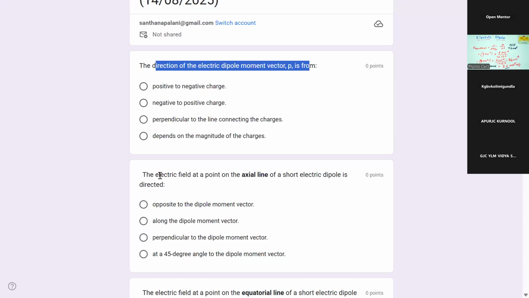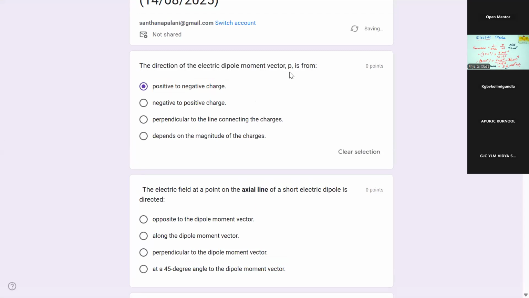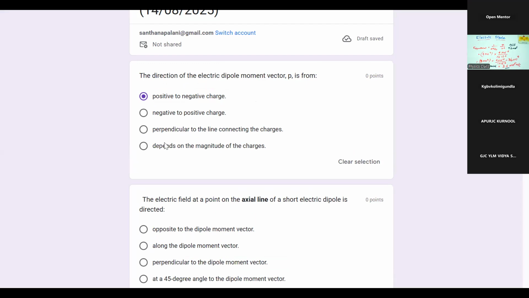Yes, very good. Option A. So P means, as I already told you, the dipole moment vector, which has direction as well as value.